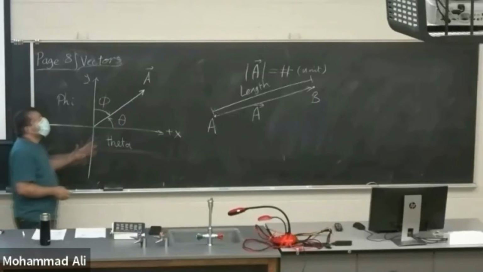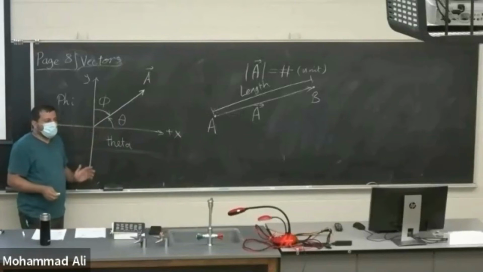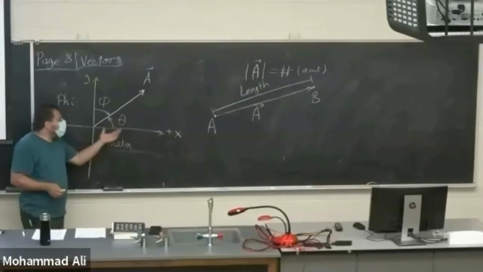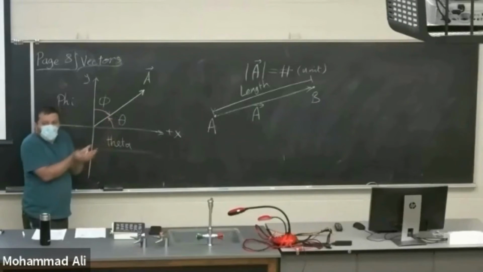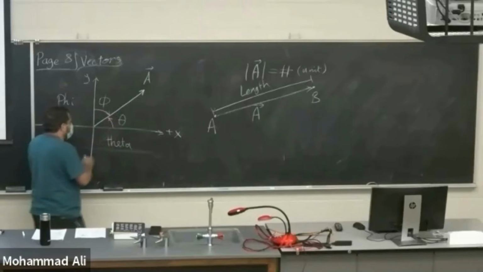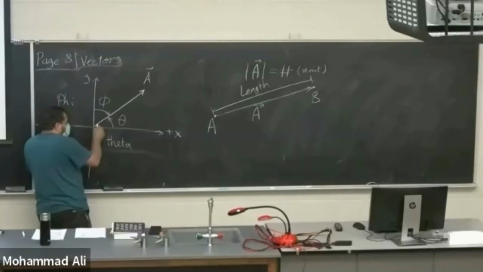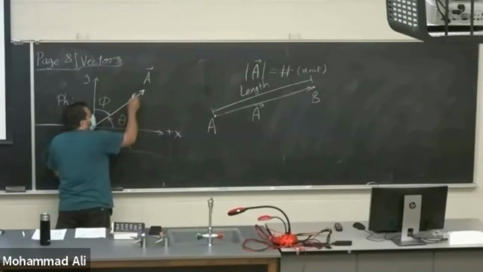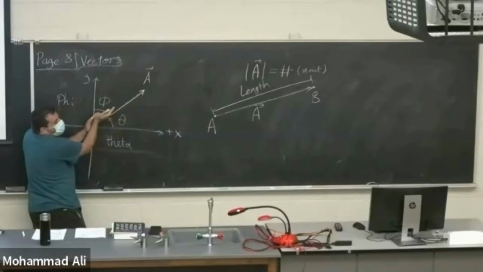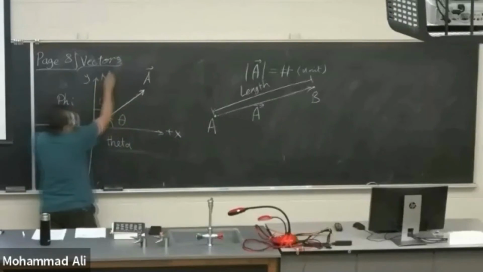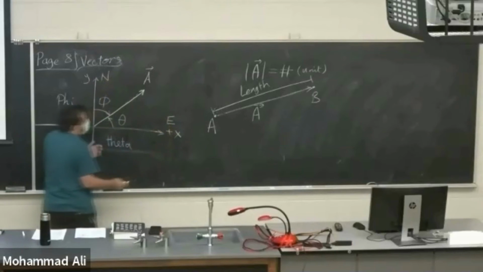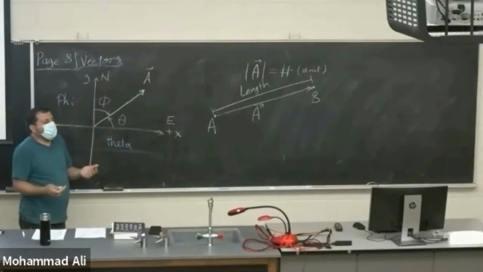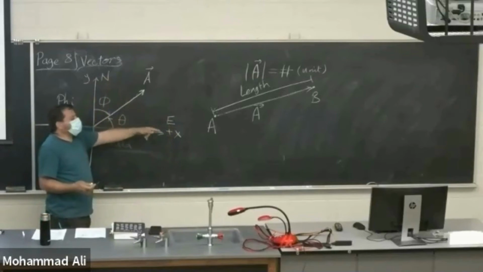Now, each vector has components. We said from yesterday that we can walk along that vector with the direction of theta. It is north-east direction, but it is not scientific talk to say northeast.